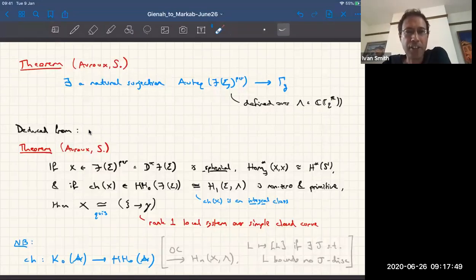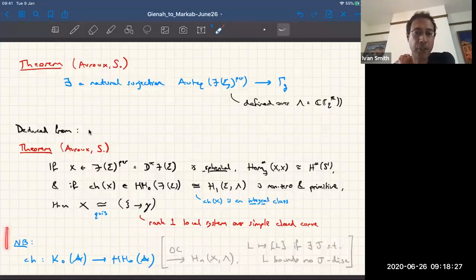And this is deduced from a more technical theorem, which is a geometricity theorem for a certain class of objects in this derived Fukaya category. So to state that geometricity theorem, I should remind people that if I give you any DG or A infinity category A, there's a Chern character that goes from the Grothendieck group, that is objects mod exact triangles, to Hochschild homology.